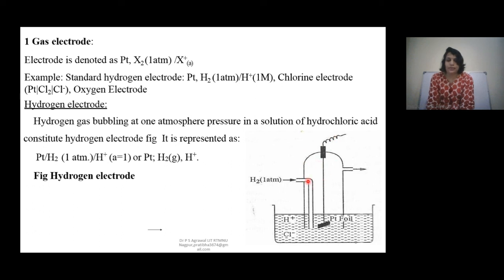The finely divided platinum foil absorbs hydrogen, and in that condition it behaves as if it were a solid electrode of the gas. It freely permits the change from gaseous to ionic state and vice versa. Similarly, if we pass chlorine gas, it will be a chlorine electrode. If we pass oxygen in H2O, then it will be an oxygen gas electrode.